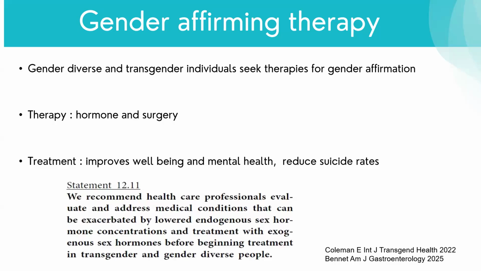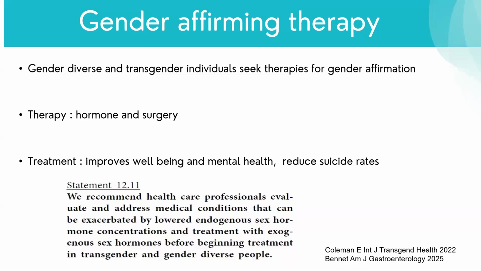As I said, the treatment is hormone and surgery, but there are some evaluations that are supposed to be done. The most important evaluation in patients who are being started on hormone therapy is to look at the effects of reducing the primary hormone as well as increasing the supplementary hormone.